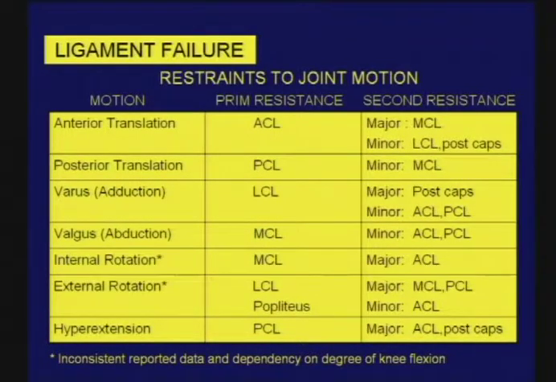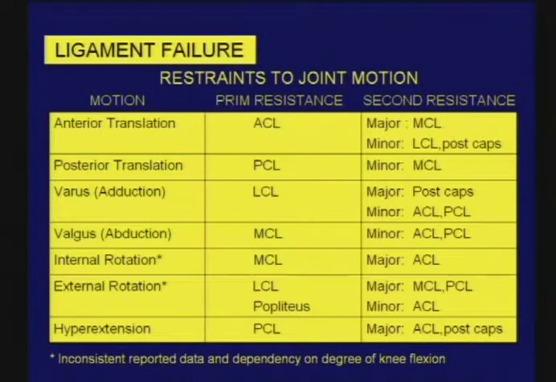The first column on your left is that of various motions that can be applied to the knee, and I've listed 7 of those possible motions. In the middle column are the primary restraints, or resistance, to that particular motion. In the third column, the one on your right, are the secondary restraints, both major and minor, to that particular motion applied to the knee.